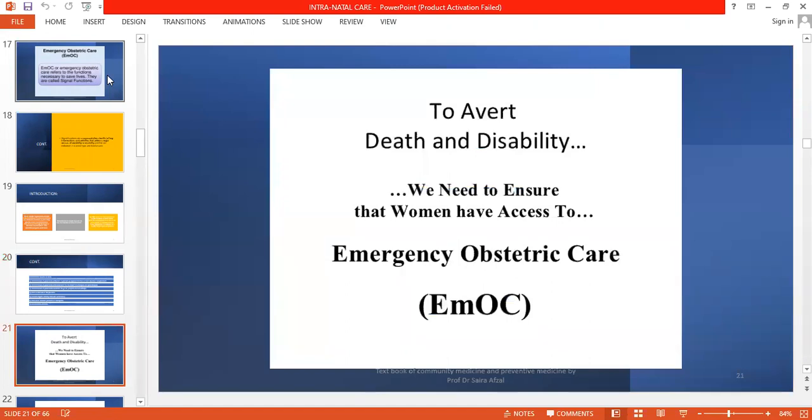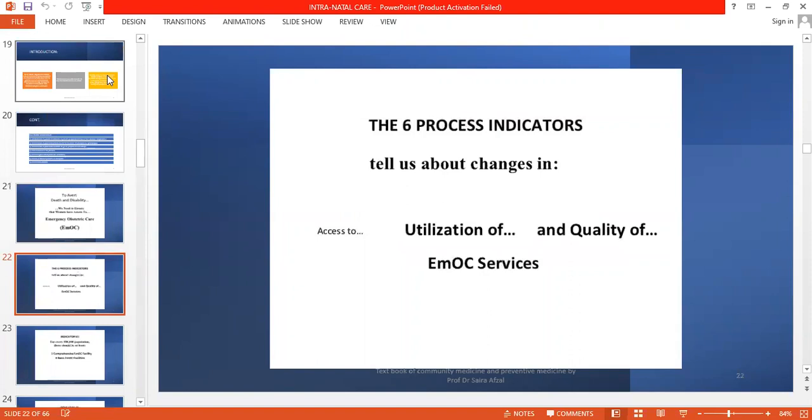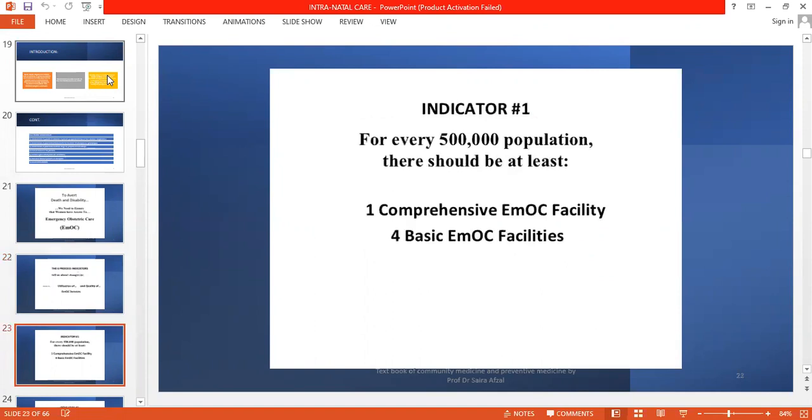To avert death and disability, we need to ensure that women have access to emergency obstetric care. So there are 6 process indicators that tell us how the facilities of emergency obstetric care are provided, how they are utilized, and how we assess the quality of these services.